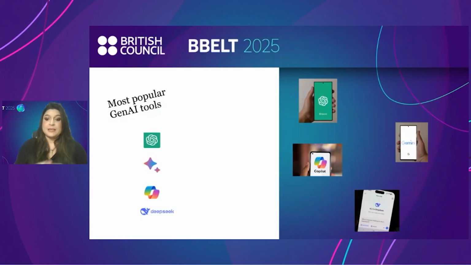Very well. The most popular generative AI tools nowadays are the ones I have just presented here. So do you recognize the symbols each one represents? Which is the most current one?